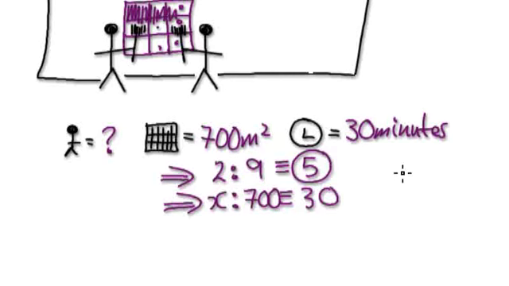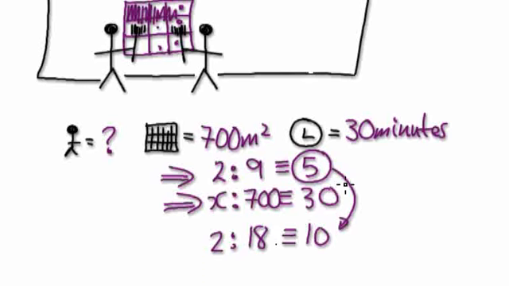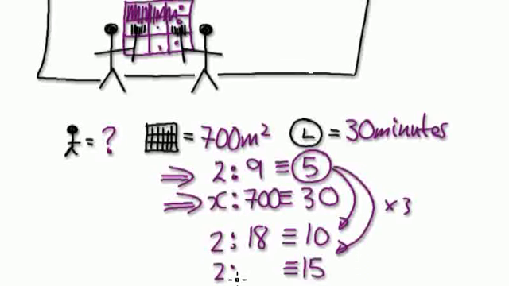Let's try and get this 5 to a 30. So two employees can paint 9 squares in 5 minutes. Well, if I double the time to 10, then two employees can do 18 meters. If you treble the time, let's times 3 here, then two employees can do 27 meters.